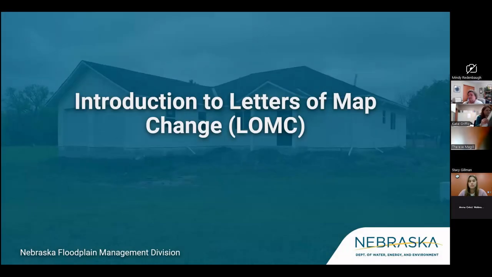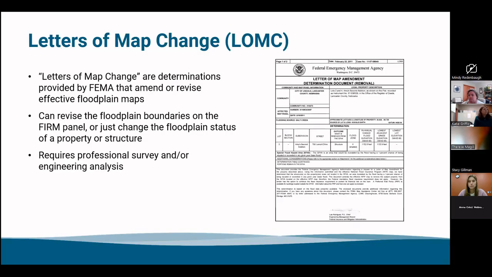We'll get started with some background information on letters of map change and the different types. Letters of map change, or LOMCs, you'll see that abbreviation quite often, are determinations provided by FEMA that amend or revise effective floodplain maps. These determinations can either revise the physical floodplain boundaries on the FIRM panel, or floodplain map, or they can just change the status of a property or structure without that physical change.